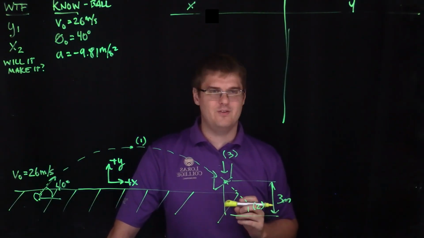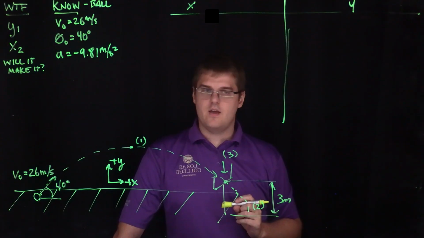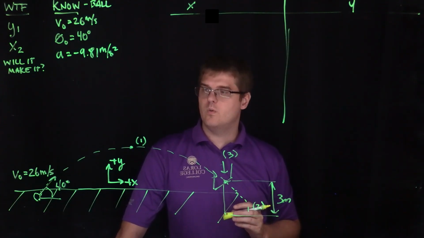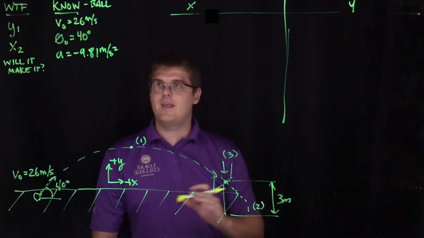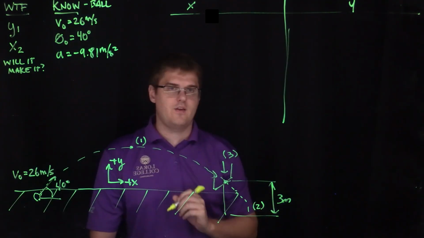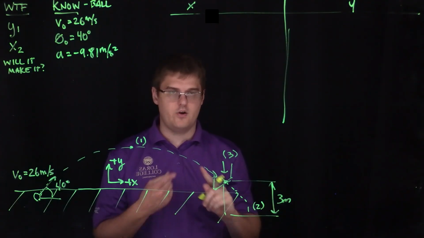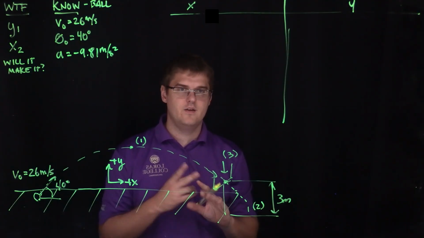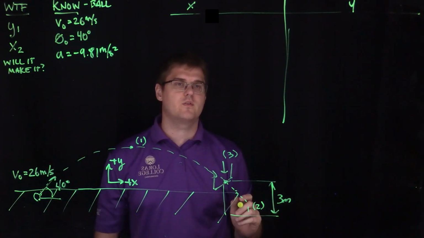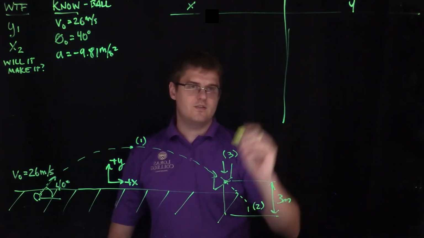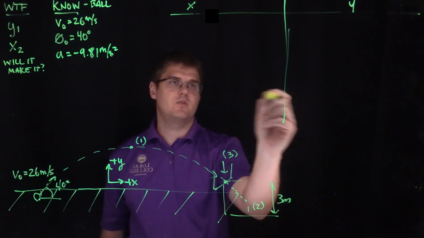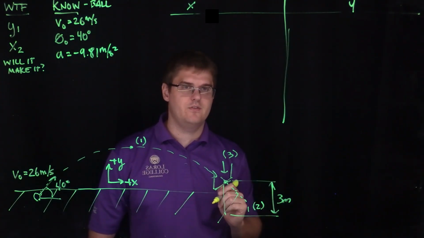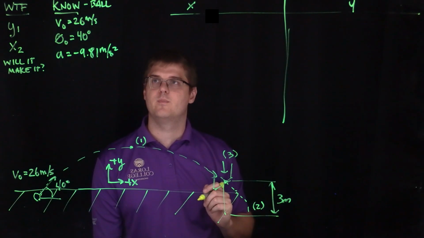Okay, in order to do anything else, I can't work with this v naught as it is. I need components that are either in the x or in the y, because those two pieces are going to work separately. The only thing that's going to go between those two is my time. Time is going to be what's connecting these two different sides of my chart here.